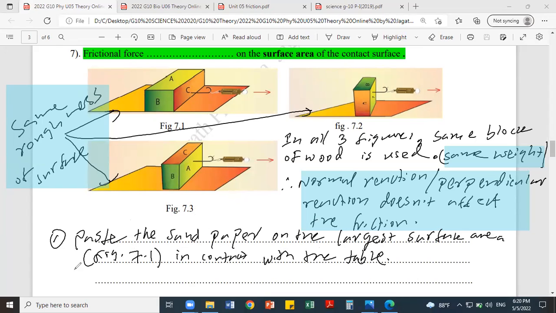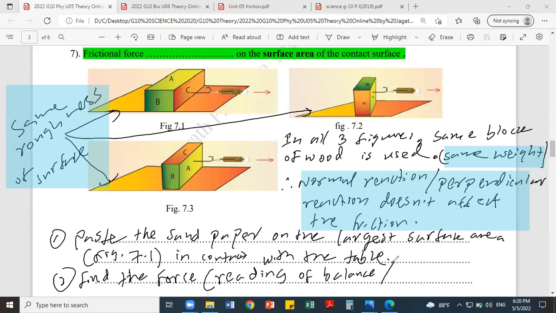Then what is the second step? Step 2: find the force when the block is just enough to move. Find the force, that means the reading of the Newton balance. You are pulling this. When it's just about to move, you find the reading of the balance. Or else you can write limiting frictional force.